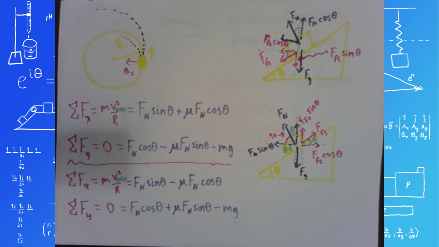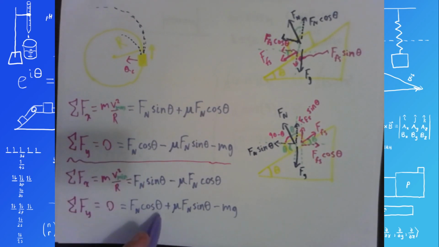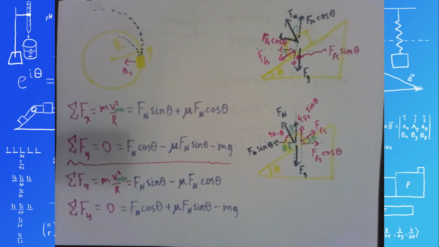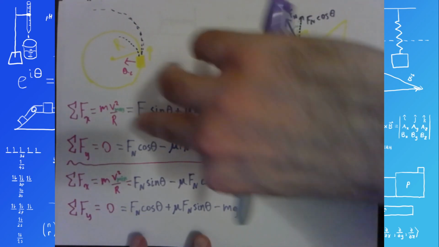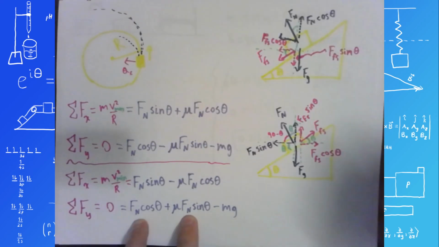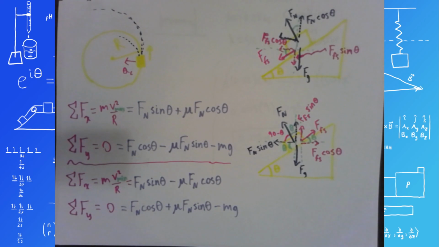So let's try and get the normal force. I want to use my vertical equations first. So it looks like what I can do is add the mg over to the zero side of each of those equations, and then I can factor out the normal force from the terms that remain and divide over what's left.